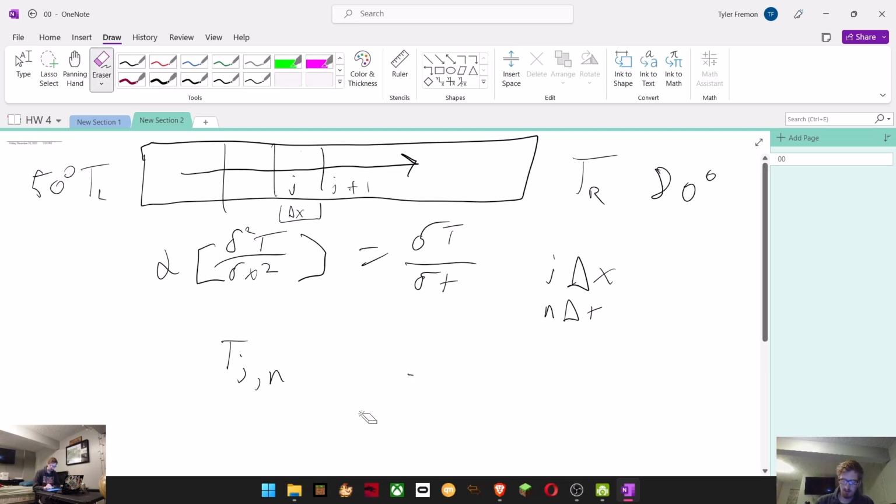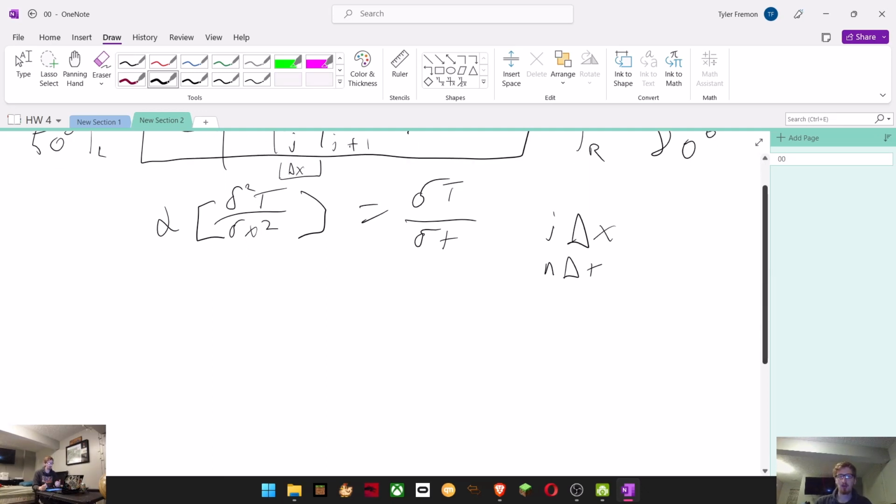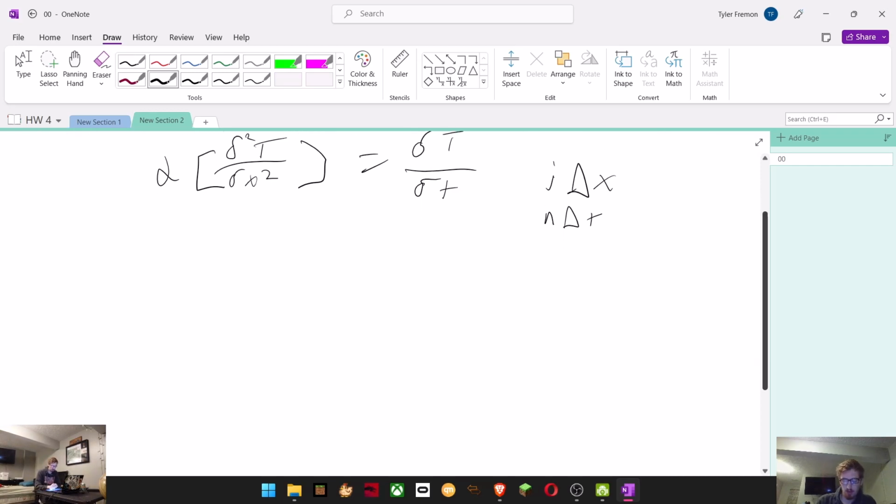So in this explicit differencing, what we're essentially doing is taking the difference in temperature between 2 points divided by the increment, and essentially getting sort of an average of the difference in temperatures between those 2 points. So let's do this partial derivative here, the second partial derivative.